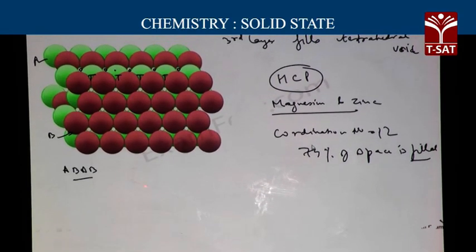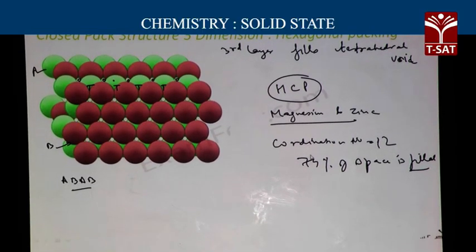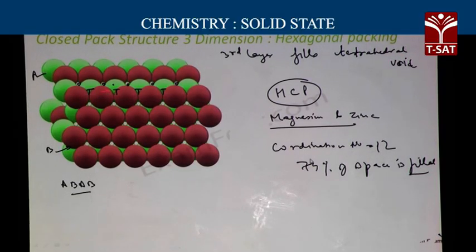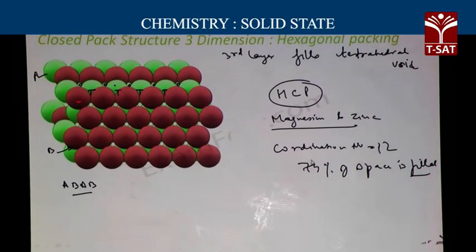This is the hexagonal close packing. In this 3-dimensional way, it is very easy to understand. The green balls are referred to as A layer and the pink balls are referred to as B layer.